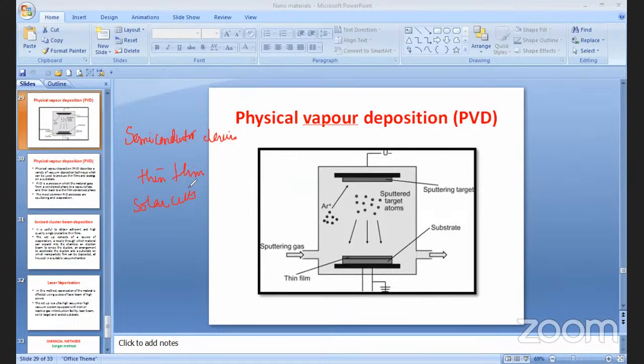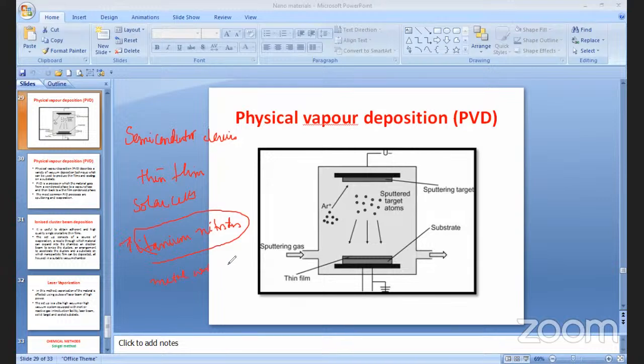And if you take titanium nitride coated cutting tools, these cutting tools which are coated with titanium nitride will be used for metal working.